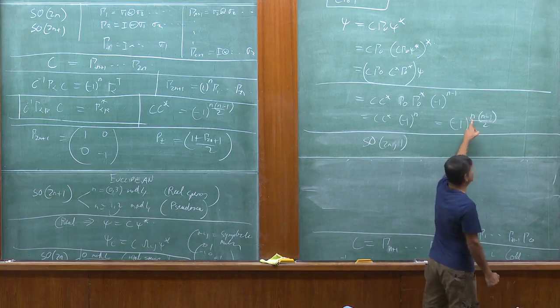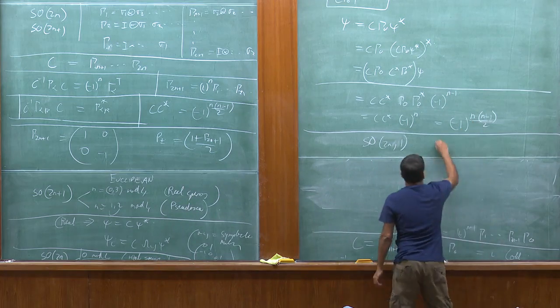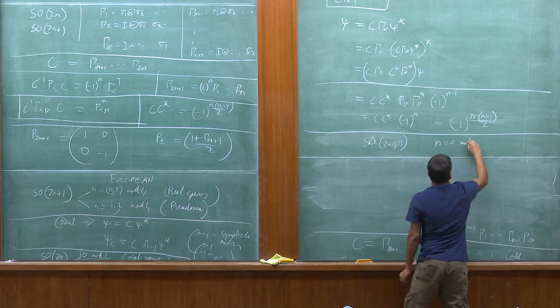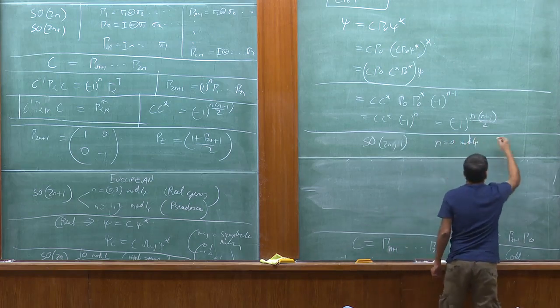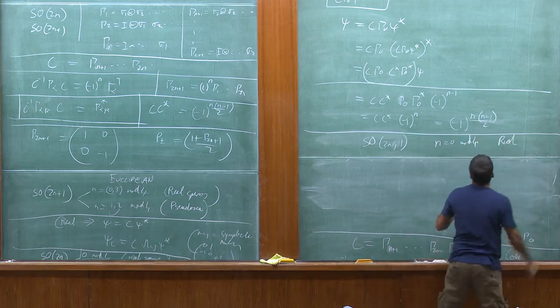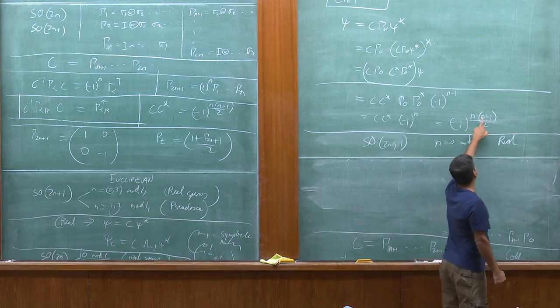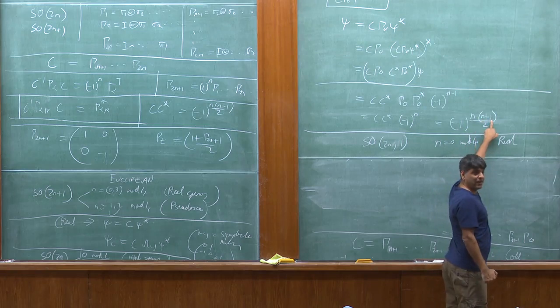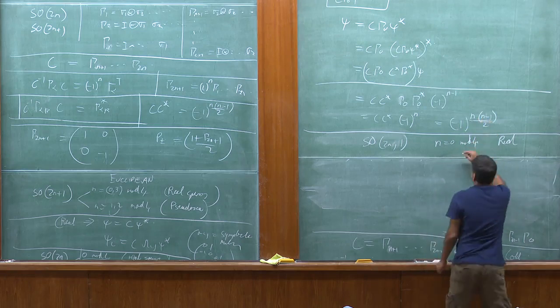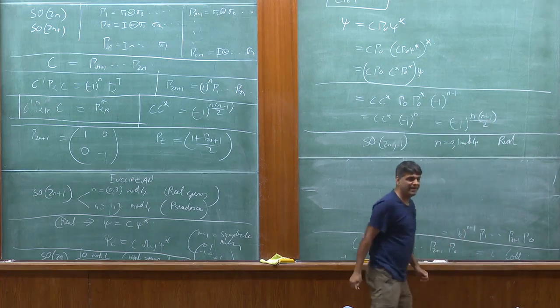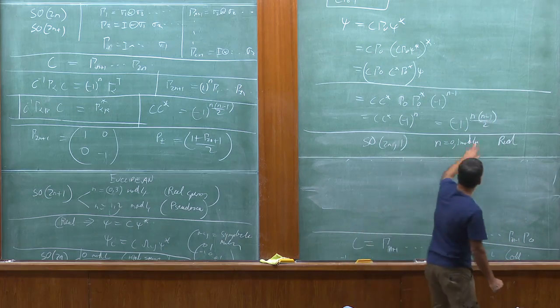That remains good. So n equals 0 mod 4 is real. What about n equals 1 mod 4? That also is now good. So 0 comma 1 mod 4 is real. What about n equals 2 mod 4?